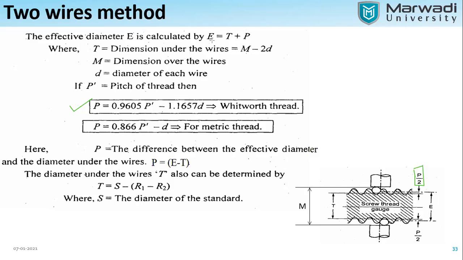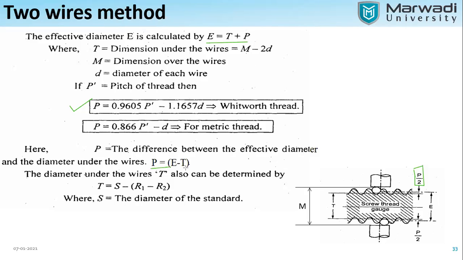So this is the formula we have seen. Remember this formula for effective diameter: it is T plus P. And here this P is not actually the pitch, but it is a distance that we have to find out. P is the difference between the effective diameter and the dimension under the wire.